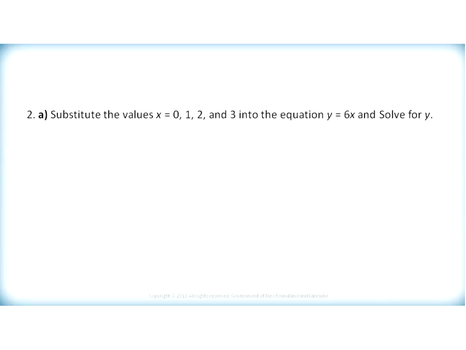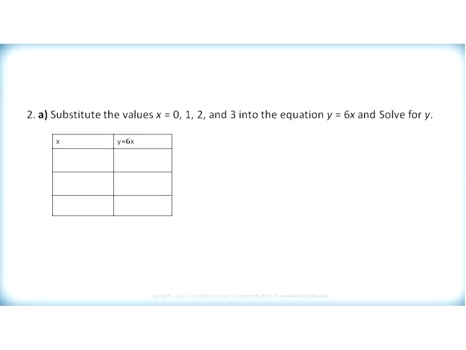Okay, and the second question we're going to look at is, again, a typical type of question you might see in an evaluation. Substitute the values x equals 0, 1, 2, and 3 into the equation y equals 6x and solve for y. The easiest way to do this is to set up a table, which I've managed to do here, except I didn't include enough spots, so I'm going to extend my table.